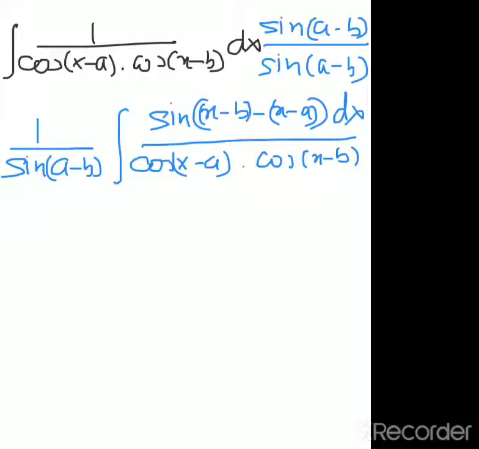If we open the brackets, you are able to see the result is coming a minus b itself. So it is nothing tough.